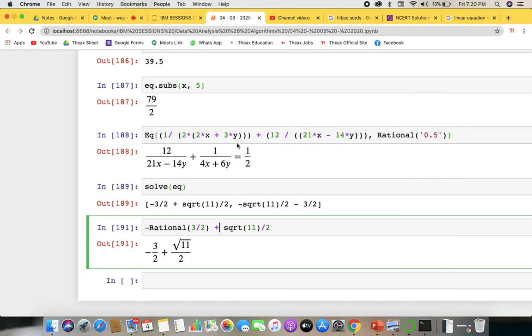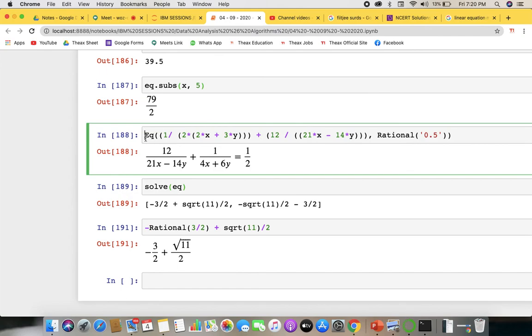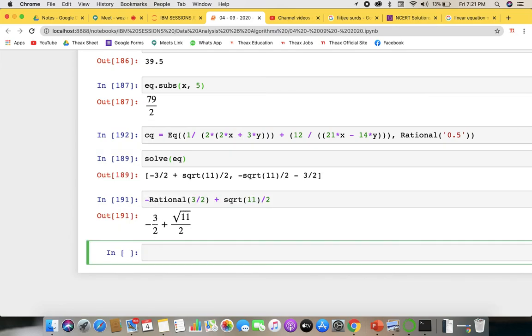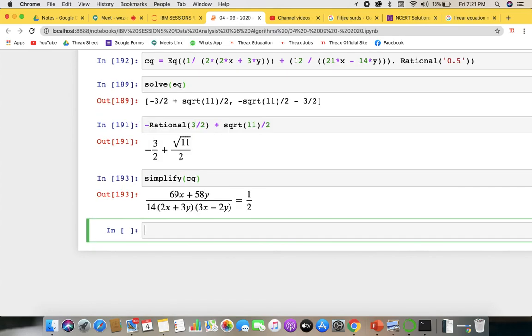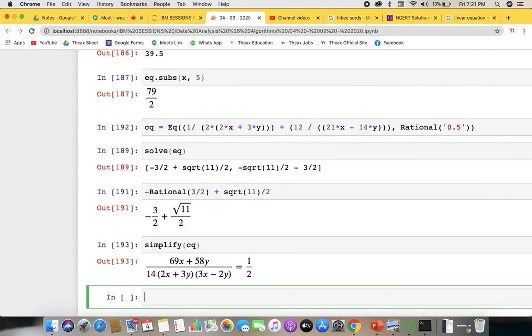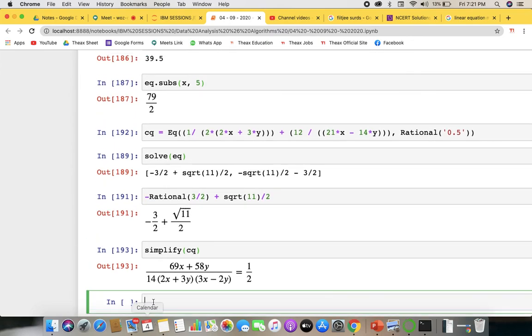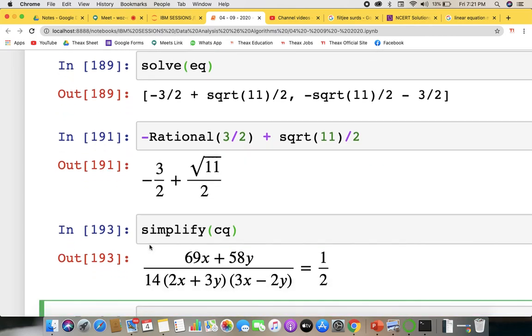And you can use the solve method. So if this is an equation, and I say simplify this equation, what do you get? 69x plus 58y divided by 14, 2x plus 3y, 3x minus 2y equals 1 by 2. Can you solve this?